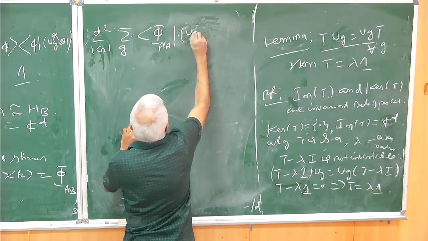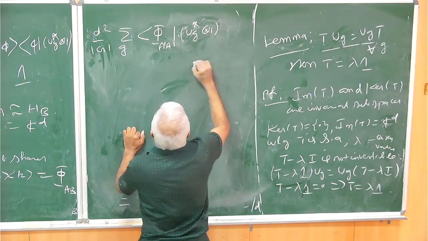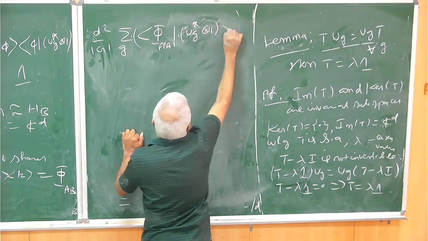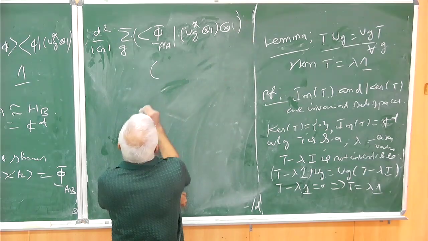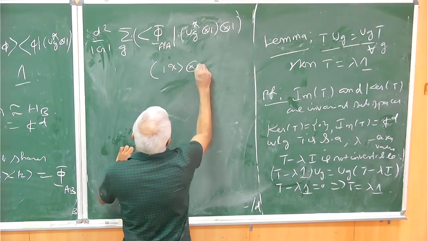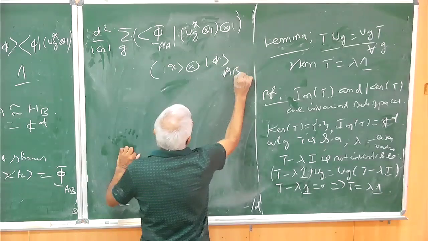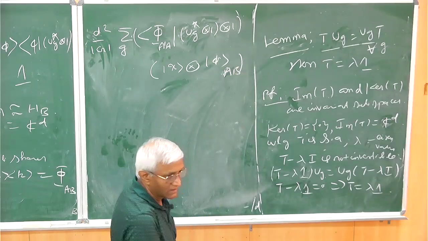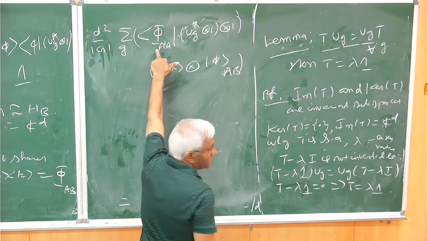On this it acts as UG star tensor 1, this whole thing tensor 1. Inside, you have Alice's vector chi tensor this phi, which is in H_A B. That is what you have.